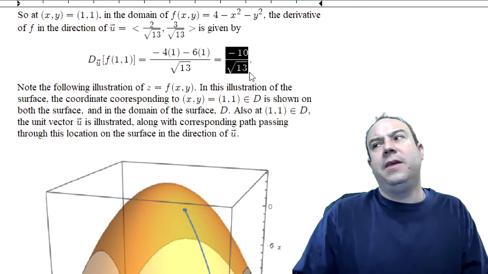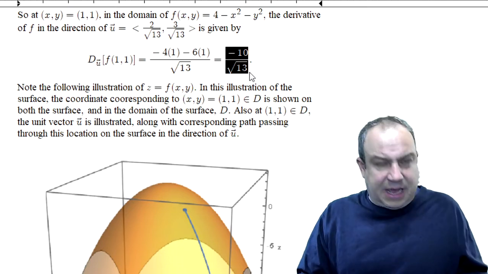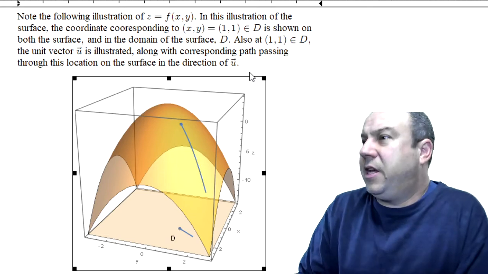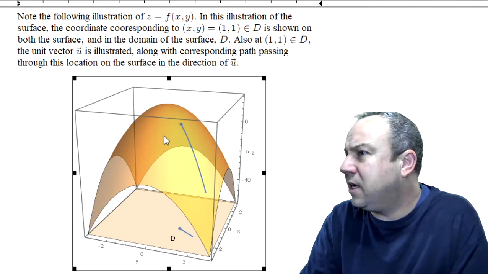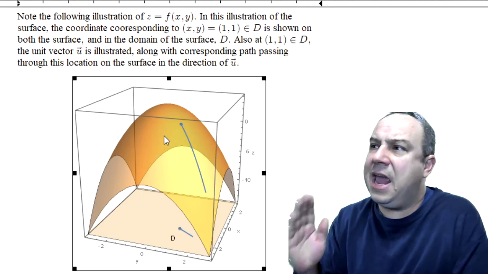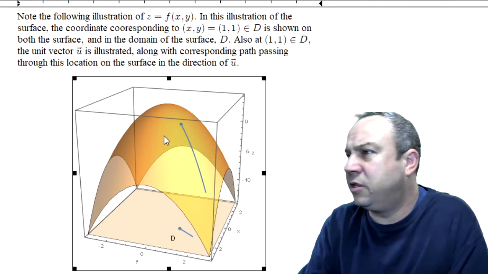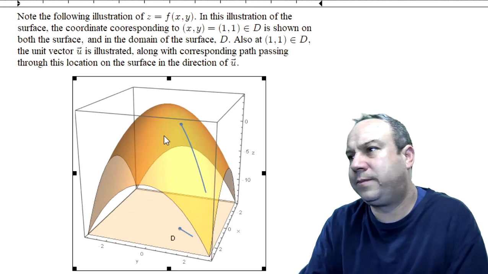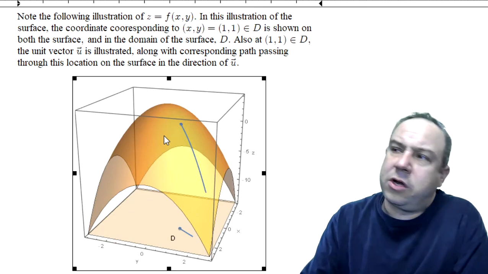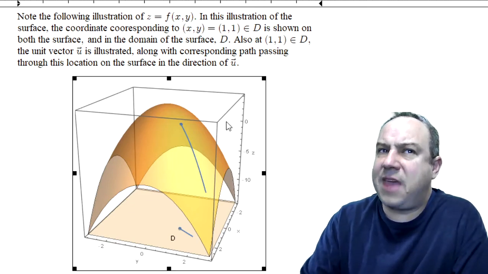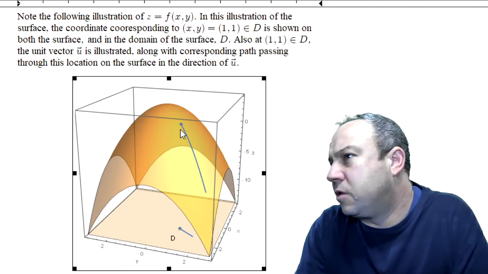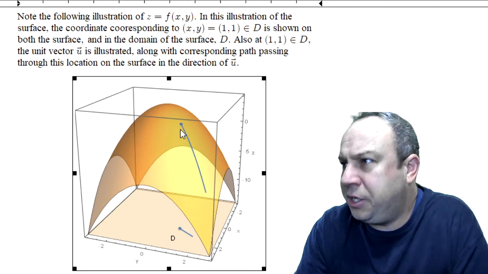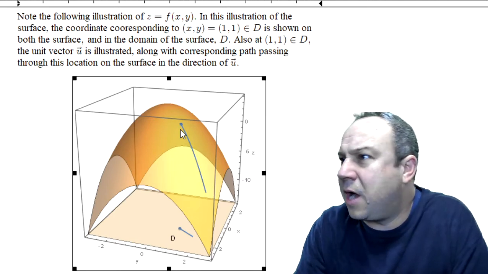All right. That is a directional derivative calculation, folks. That's how we calculate the derivative at any point on our surface, in any of those infinite directions we could be passing through that point. We're going to make use of the gradient at that point on the surface and dot it with the direction of our change that's all being described down in our domain of the function.